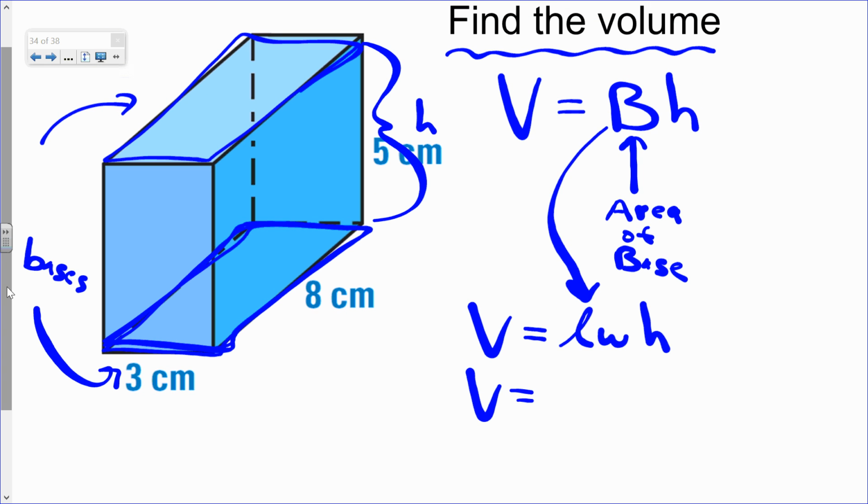Right, for our purposes, we'll just use a general prism formula. For any prism. What is the rectangular prism's formula? The first one there? V is equal to what? That's for the general prism, right? But what about the rectangular prism?